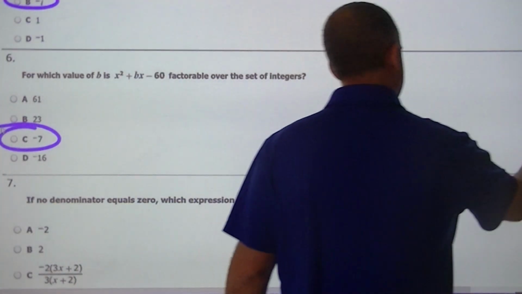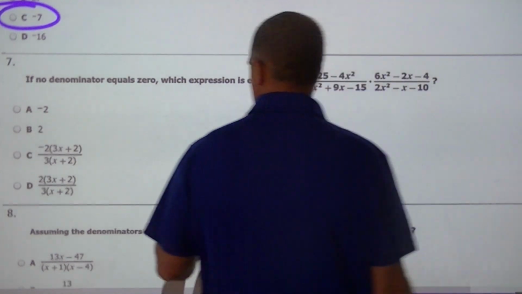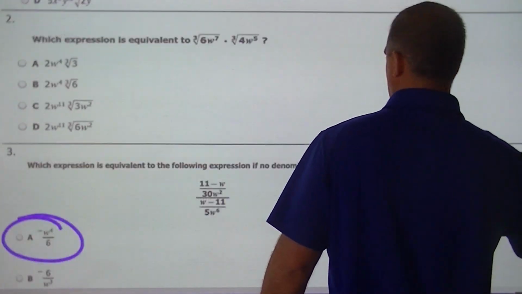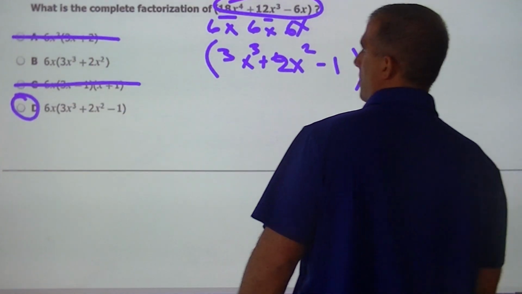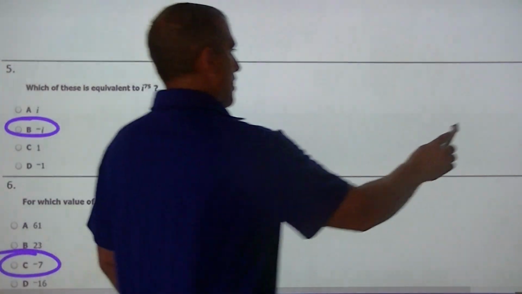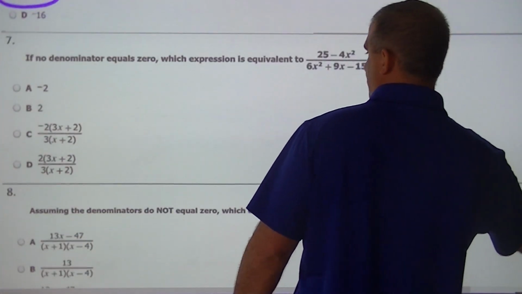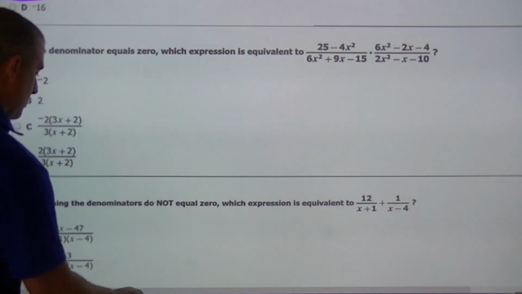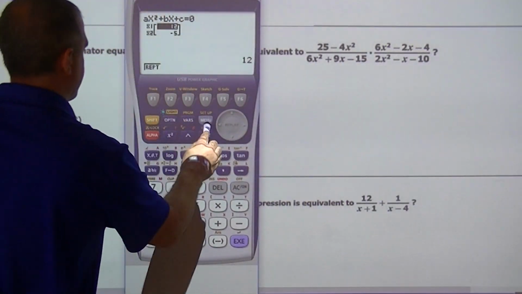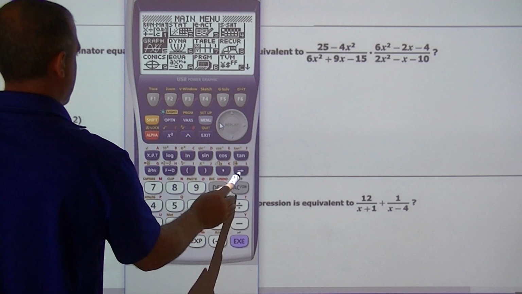Once again, this is another one of those that you would graph right away. So I'm going to graph this one. It's one of these rational ones. I'm going to go to menu and graph.